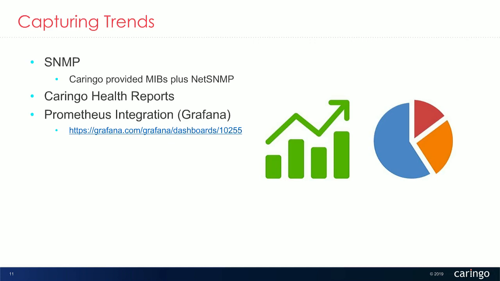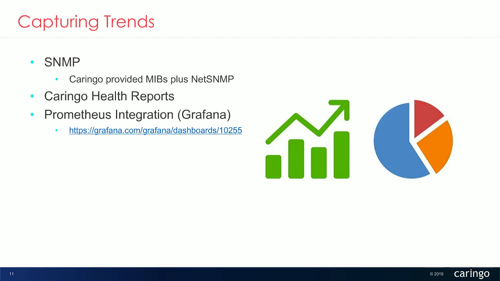And last but not least, and this is a really important one, and if you look at the attachments and links that we offer, this also rolls back to a webinar that we've done earlier in the year regarding our Prometheus exporter support in Caringo Swarm, and how you can use that along with integrating with Grafana to be able to visualize the capacity trends and the utilization trends over time within your cluster.